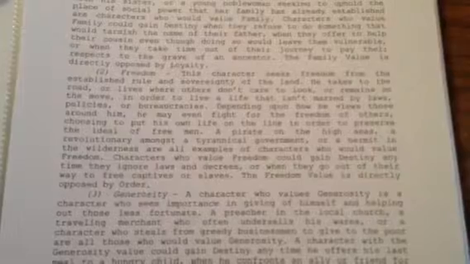The next one, moving alphabetically, is freedom. This character seeks freedom from the established rule and sovereignty of the land. He takes to the road or lives where others don't dare to look, or remains on the move in order to live a life that isn't marred by laws, policies, and bureaucracies. So freedom, think of a pirate or a brigand, or somebody like a Robin Hood character who would value freedom.